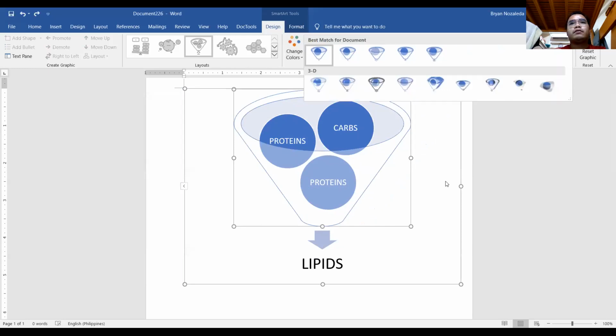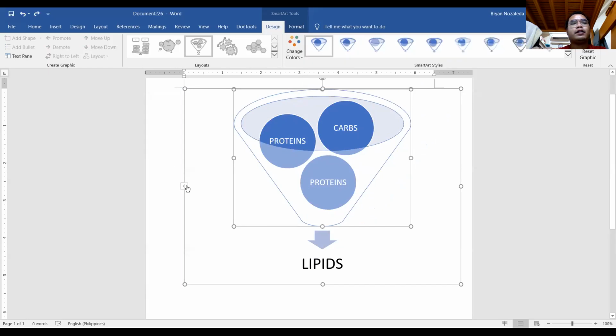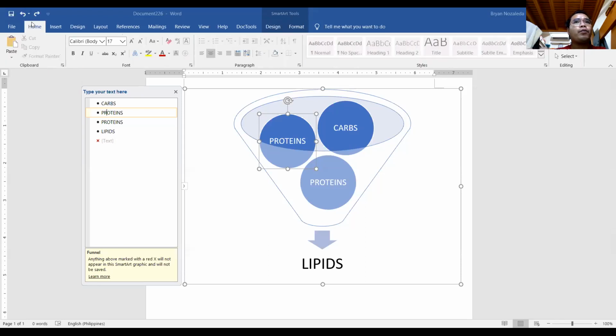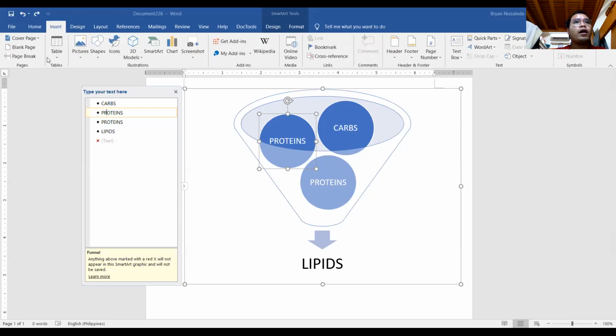Sir, dun sa may add bullets po, sir. Saan? Ito? Yes po. Wala din eh. Dito, sir. Dito sa may taas, sir. Sa baba ng home, ganun po. Ito, home. Hindi, sir. Kanina. Balik dun sa insert po. Okay. Dun sa design, sir. Sa design po.